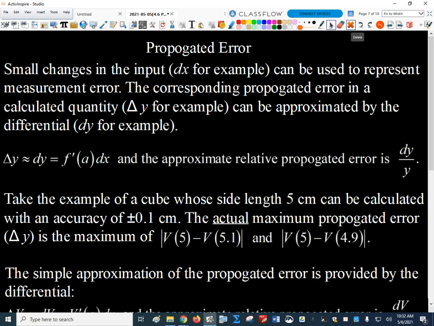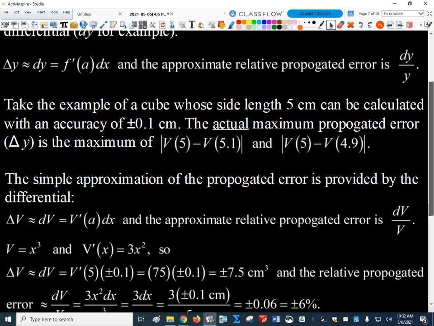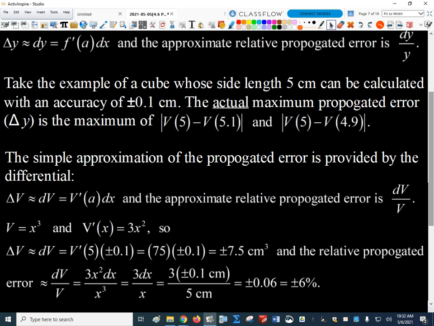Let's take a cube right here. Let's take this cube example. A cube whose side length is 5 centimeters. We can measure, not calculate, we can measure the length with an accuracy of plus or minus 0.1 centimeters, right?